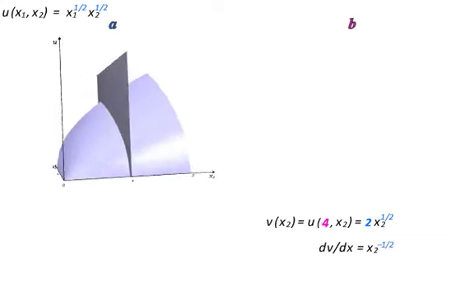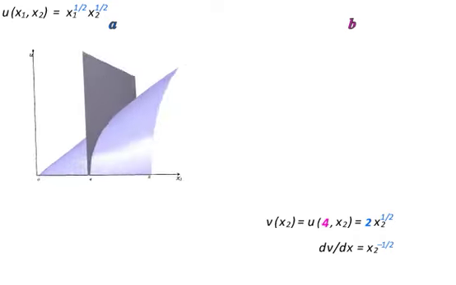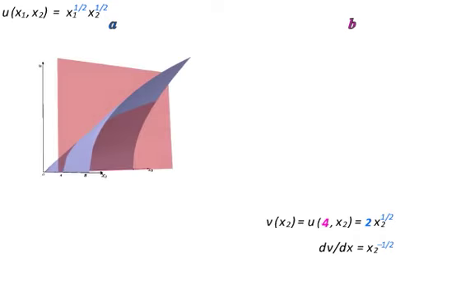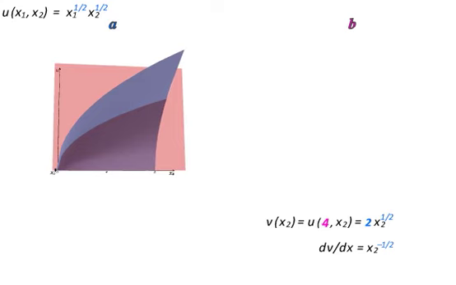And if you know how to take the derivative of a single variable function, you know how to take the derivative of the v function, because it's a function of only a single variable, x2. So the derivative of v with respect to x2 is simply equal to x2 to the minus 1/2. That's the slope of the slice that we've extracted from the original utility function when we held x1 equal to 4.